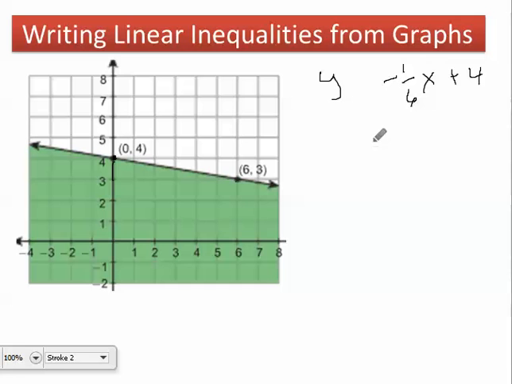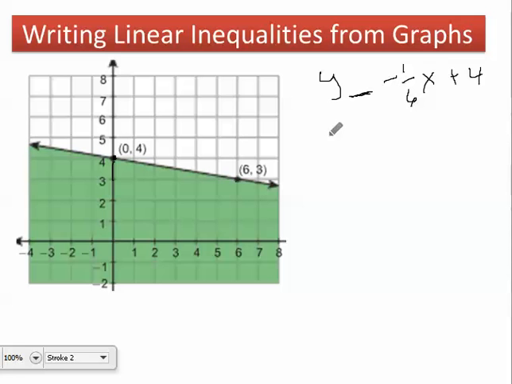Now the only question is, is it pointing at the y or is it pointing at the x? I see that it's a solid line, so it's going to be less than or equal to or greater than or equal to, right? So let's see here. How do we decide whether it's less than?